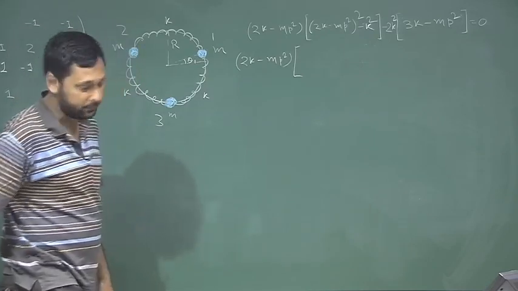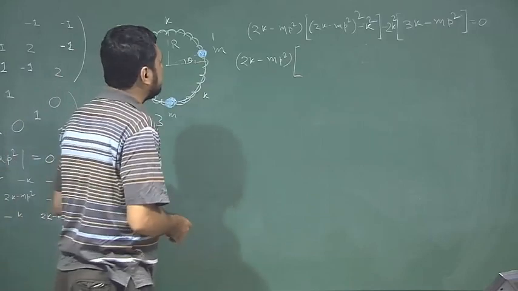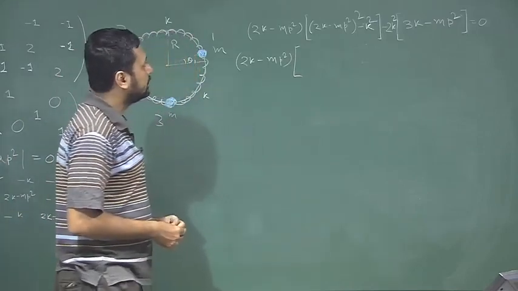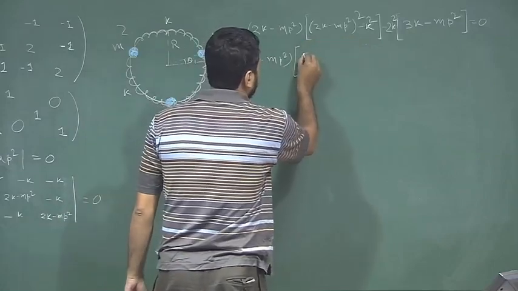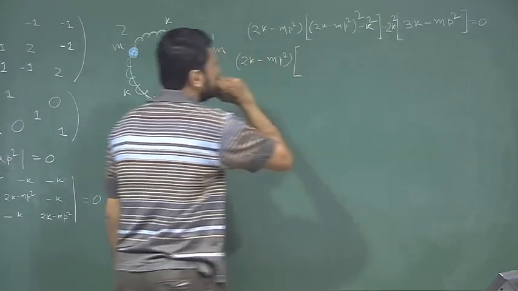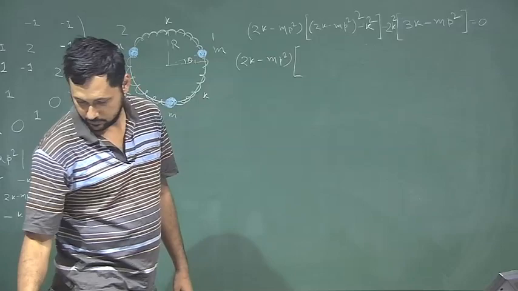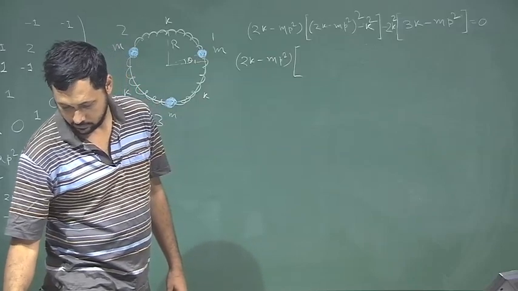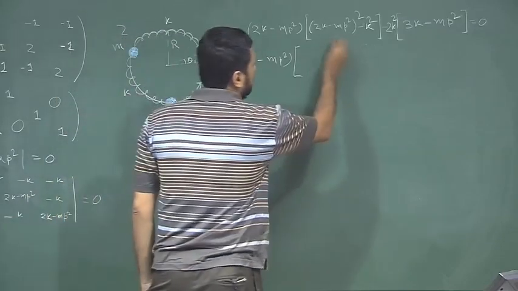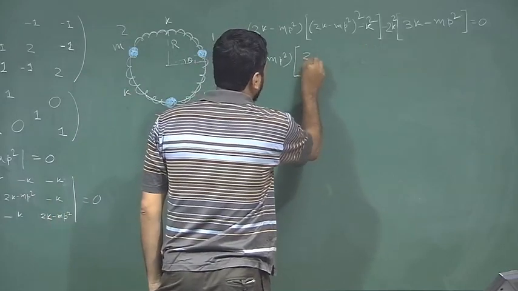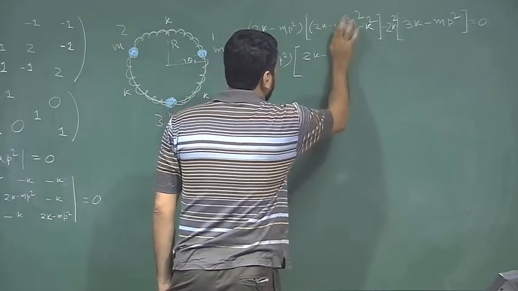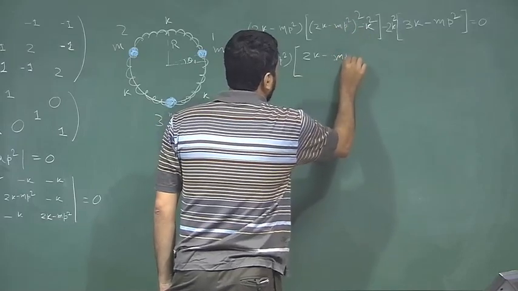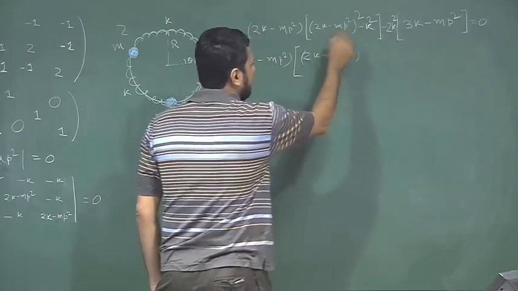No, and now you have to open up the bracket. So, if you do that, oh yeah, also this one. So, this I wrote as 2k minus m p square. So, a square minus b square.